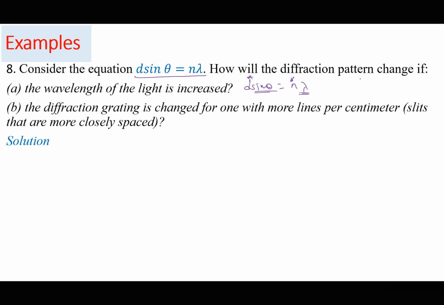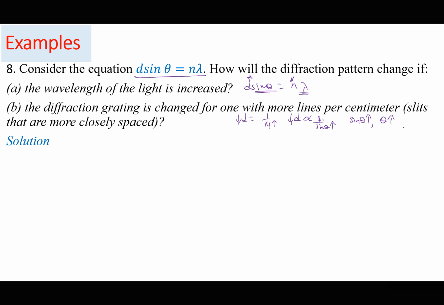Then the diffraction grating is changed for one with more lines per centimeter. Remember, d equals 1 over n. More lines per centimeter means n has increased. When n increases, d has decreased. And notice that d is inversely proportional to sine theta. So if d has decreased, sine theta must have increased, and if sine theta has increased, theta has increased.